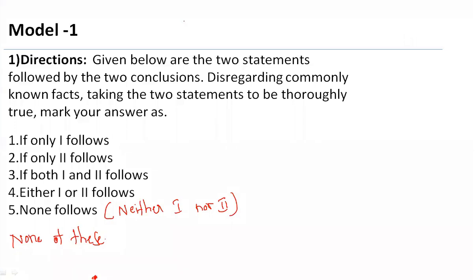As I told you, this concept is a little tricky, and Infosys is the only company which will release the syllabus to the students directly and challenge them to prepare for that. I'll tell you the syllabus now. Data interpretation 5 questions, data sufficiency 5 questions. Next, this concept, syllogisms, 5 questions.